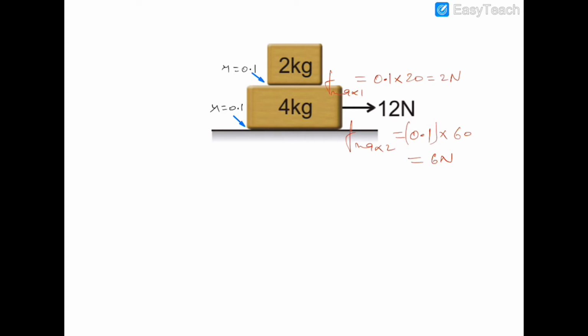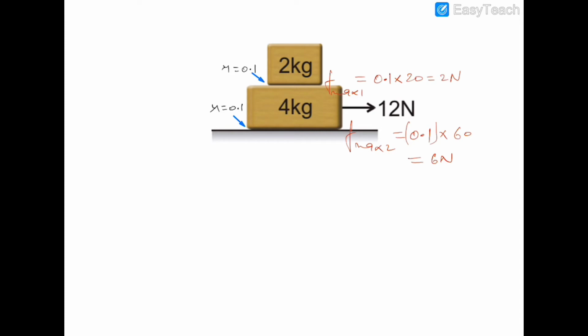Now we have to find the acceleration of the 2 kg and 4 kg blocks, and also find out whether they are moving together or sliding on each other. To find this out and to find the accelerations, we should follow simple steps.